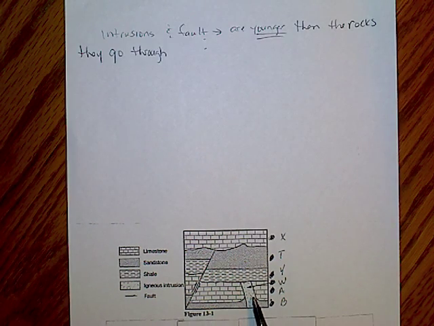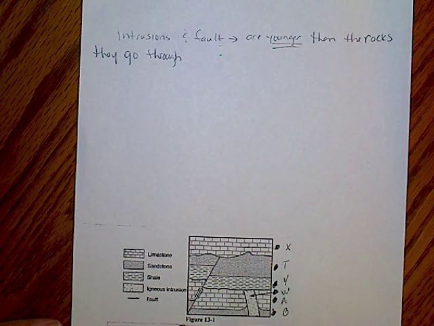All right, so that means that the fault here is younger than B, A, Y, T. That this intrusion W here is younger and came after B and A were laid down.